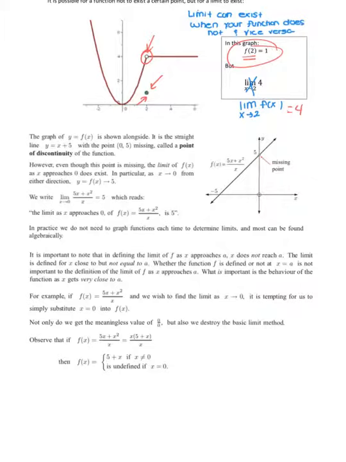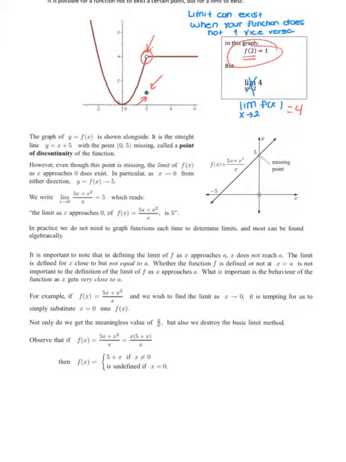Is that clear? What are you getting close to? It's a different question than what is the value of your function. They can coincide, they may not. Okay. So for example, if f of x equals 5x plus x squared over x, and we wish to find the limit as x approaches 0, it is tempting for us to simply substitute x equals 0.